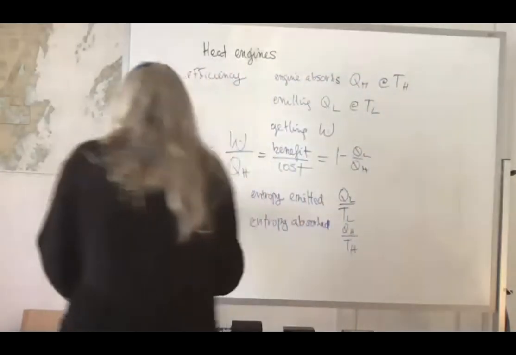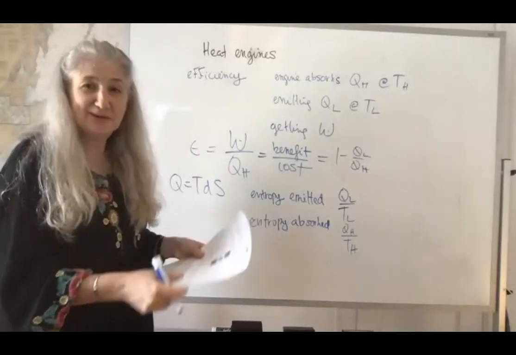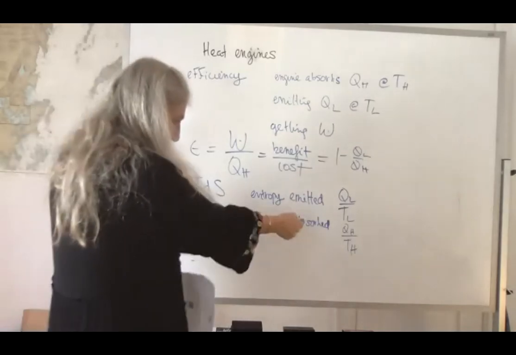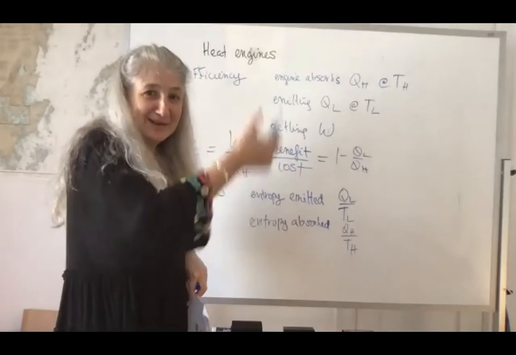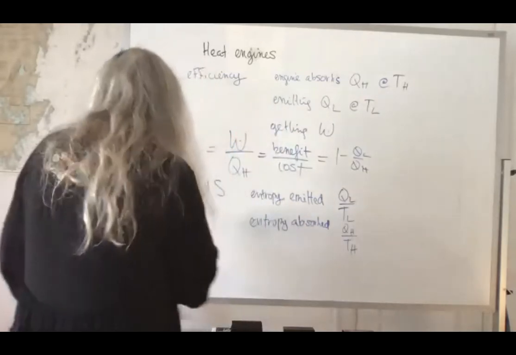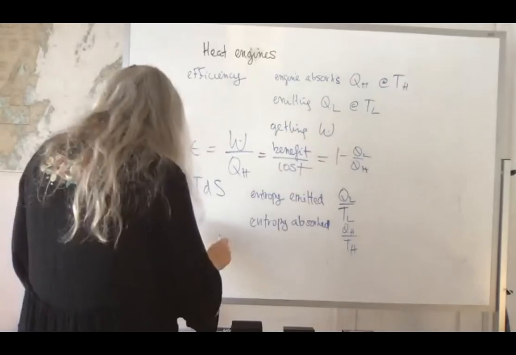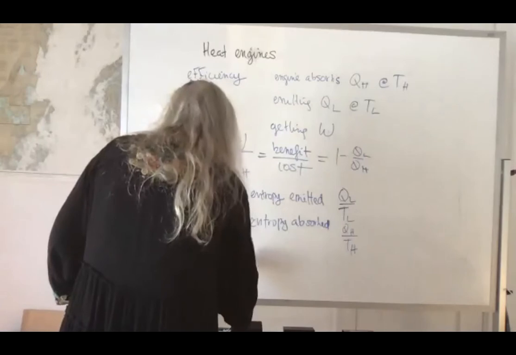And the entropy can't decrease over time. So the entropy emitted minus the entropy absorbed has to always go up. And so that means QL over TL has to be greater than QH over TH.